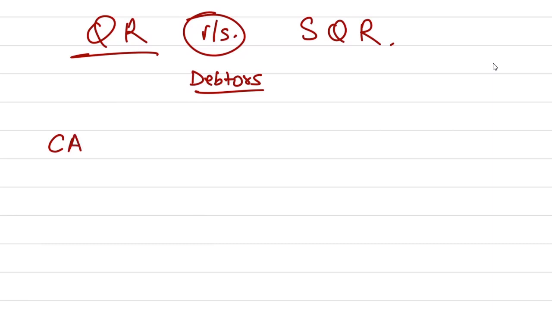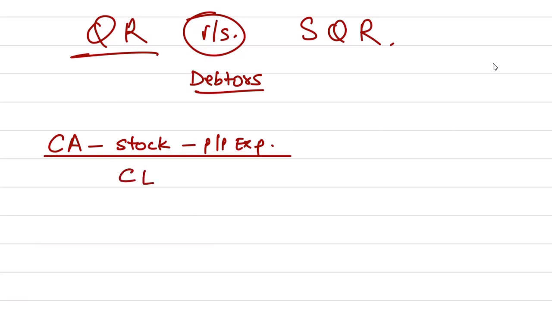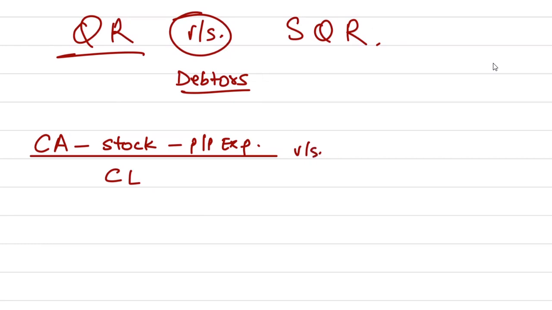You take all the current assets, you deduct the stock from it, you deduct the prepaid expenses from it, and you divide the whole by the current liabilities. In your super quick ratio, you do the same thing: current assets minus stock minus prepaid expenses. Additionally, you will also deduct debtors.